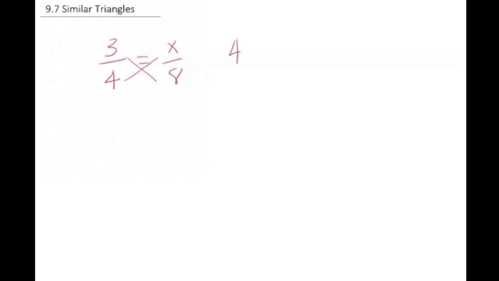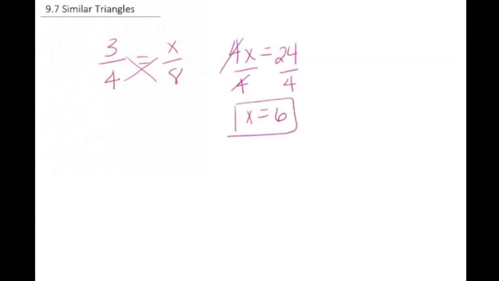So we would have done 4 times x, which is 4x, and that equals 3 times 8, which is 24. Then we just had a simple one-step equation, and x was equal to 6. So those were the proportions that we dealt with before. We're going to use that now in regards to similar triangles.